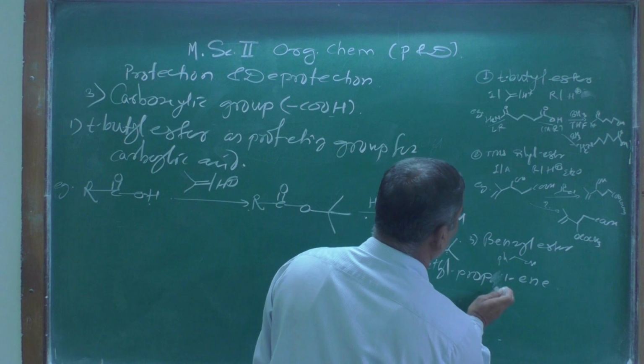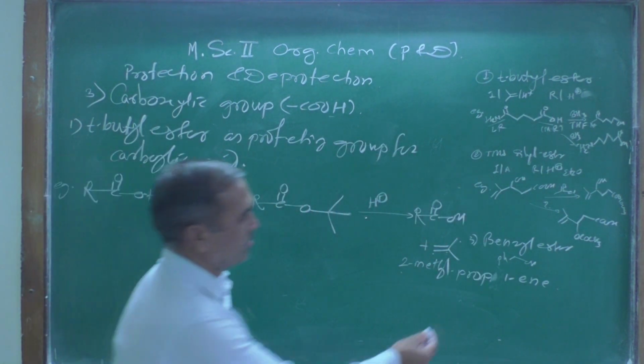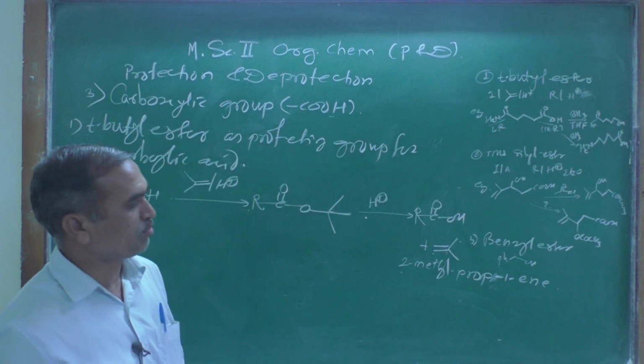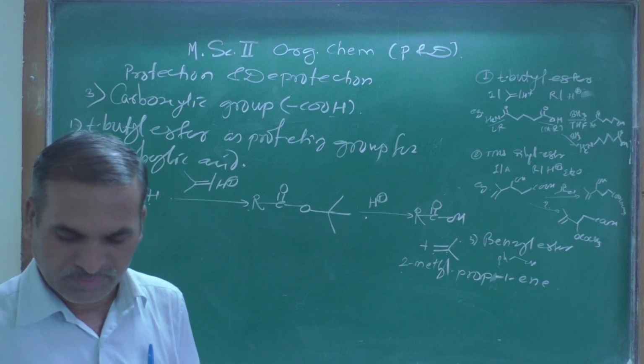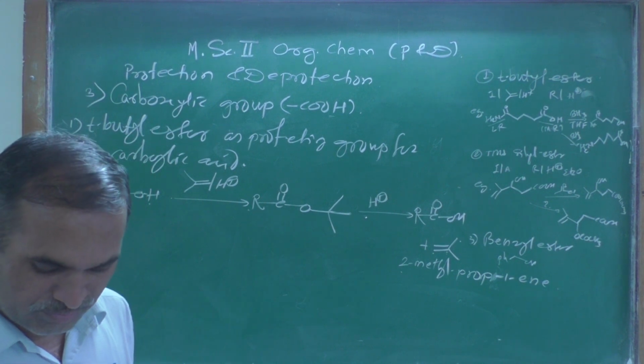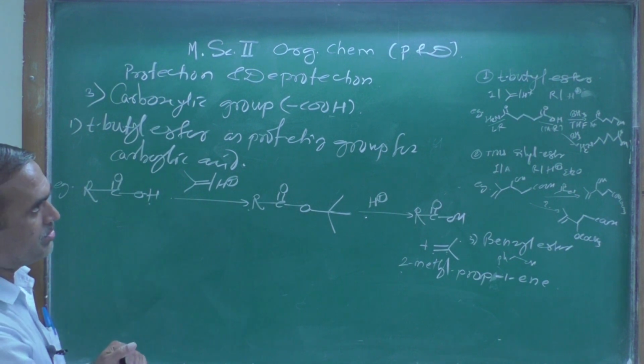Prop-1-ene. Sorry, 2-methylprop-1-ene, or you can call it 2-methylpropene. So this is the IUPAC name. This is the general reaction we have seen.